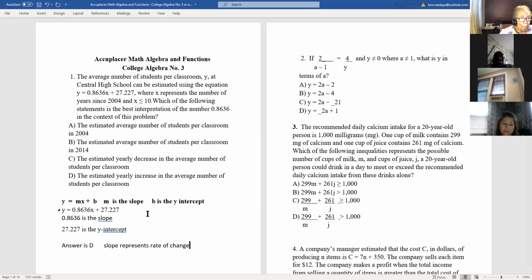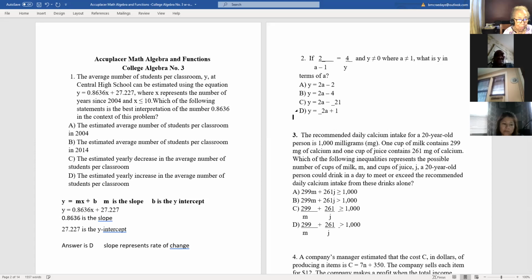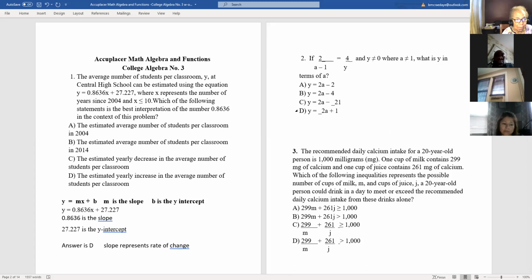How would you solve number 2? If 2y over 4 equals a minus 1, what would you do first, Latoya? What is y in terms of a?